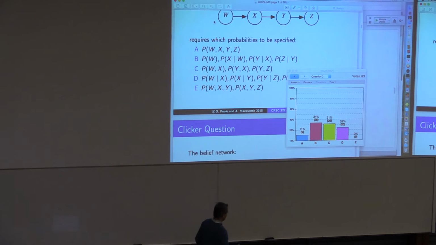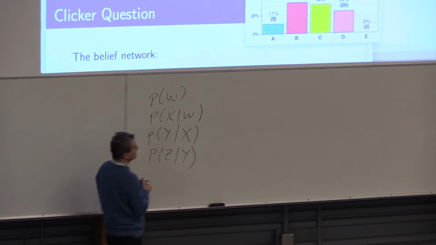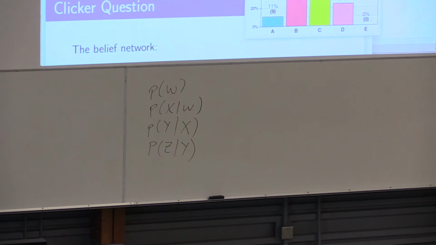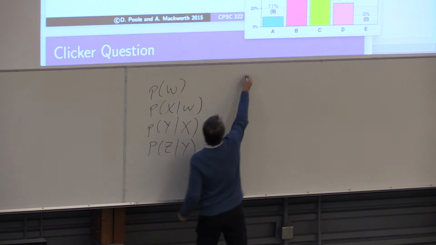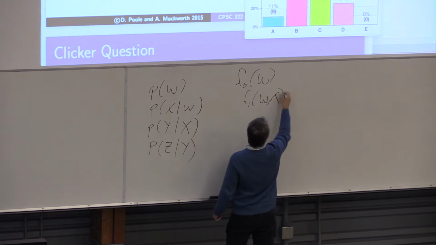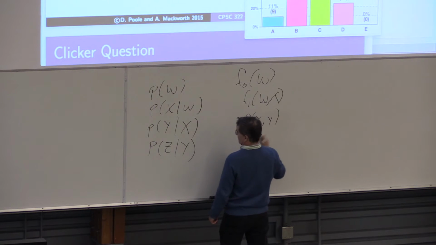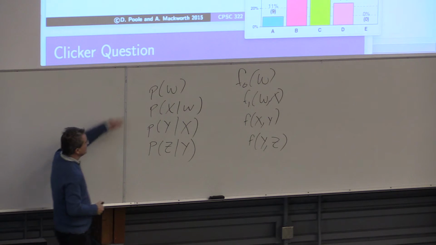We need this factor on W. We have P of W. We have P of X given W. We have P of Y given X. We have the probability of Z given Y. These go into the same factors: some factor of W, some factor of W and X, some factor of X and Y, and some factor of Y and Z. Each one of these just becomes a factor.